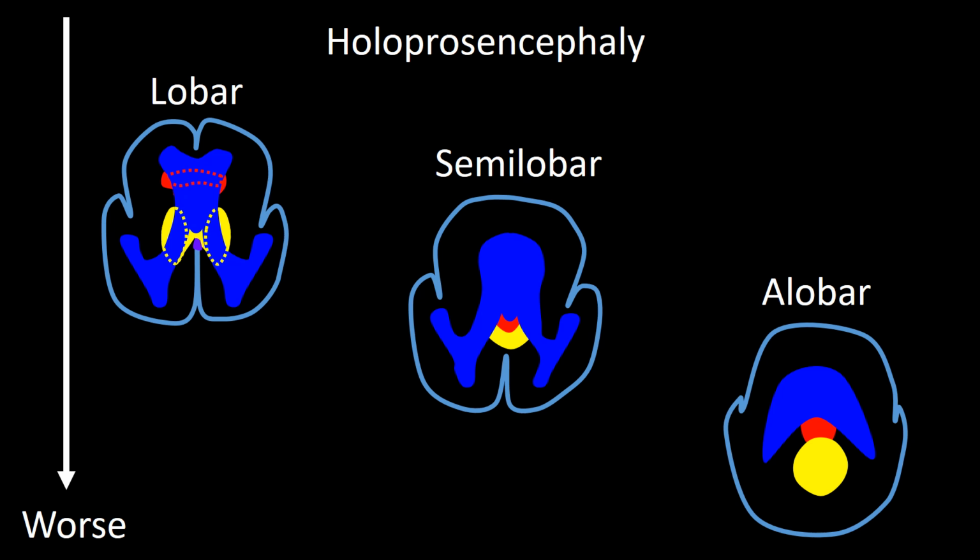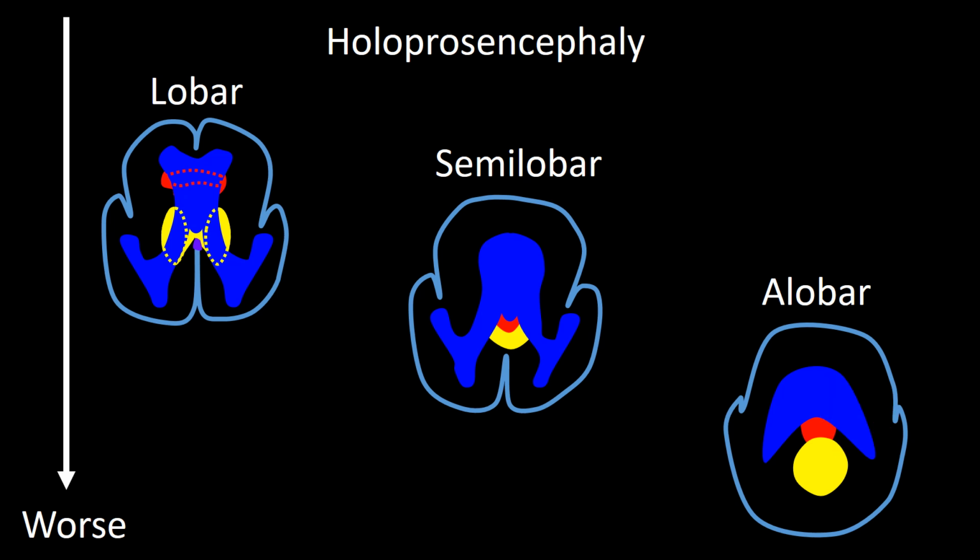The third and most severe type is called alobar. In this group, there is no interhemispheric fissure frontally, nor in the back. There is a single dysmorphic lateral ventricle, one basal ganglion, and one thalamus.